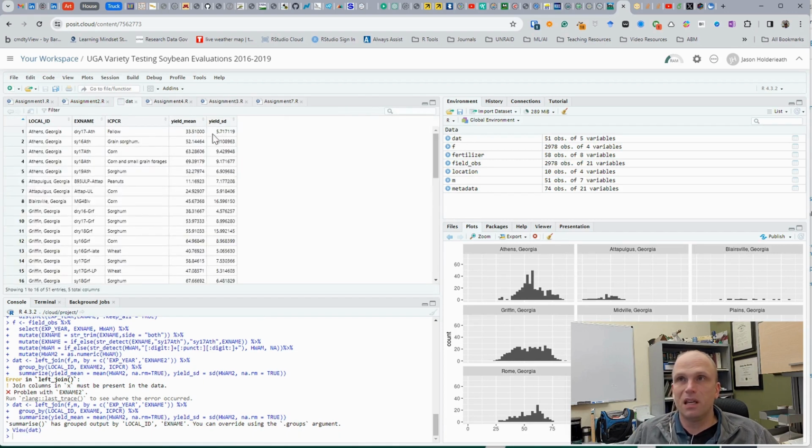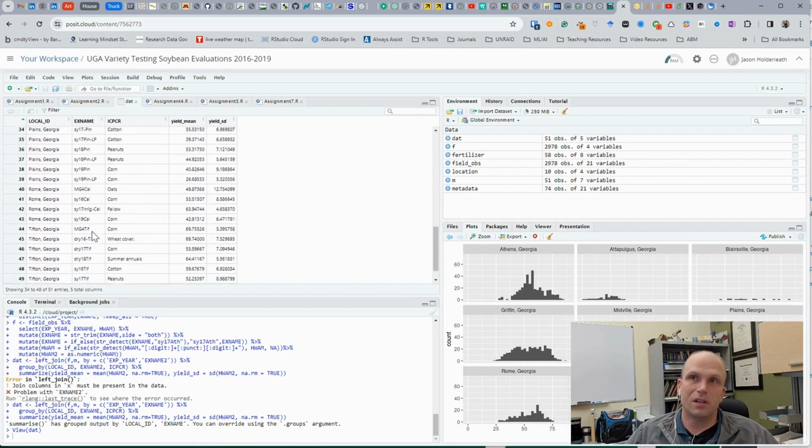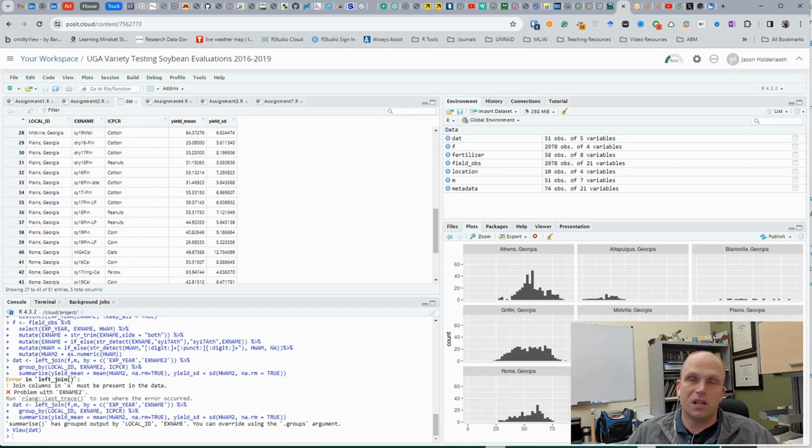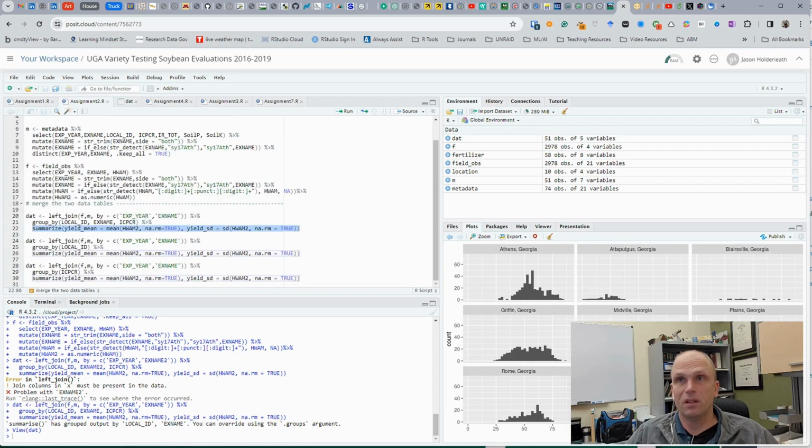It's found mean and yield standard deviation for all of these three dimensions: Athens, dry 17, and fallow. Now, again, these are different based off of year, so mostly. So that maybe isn't all that useful.